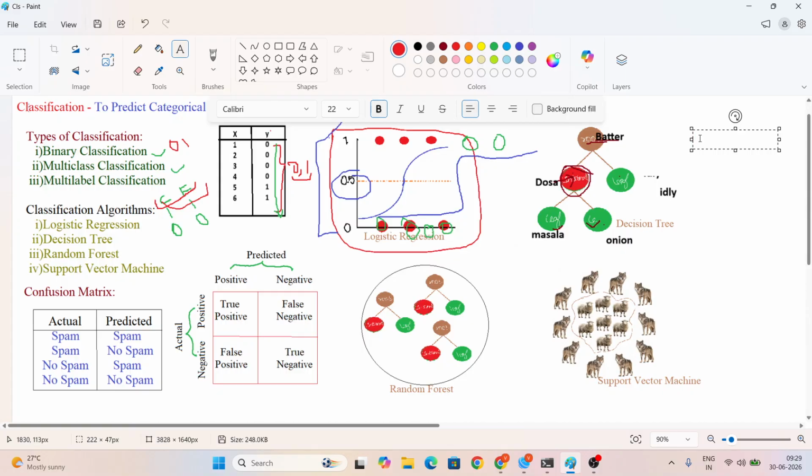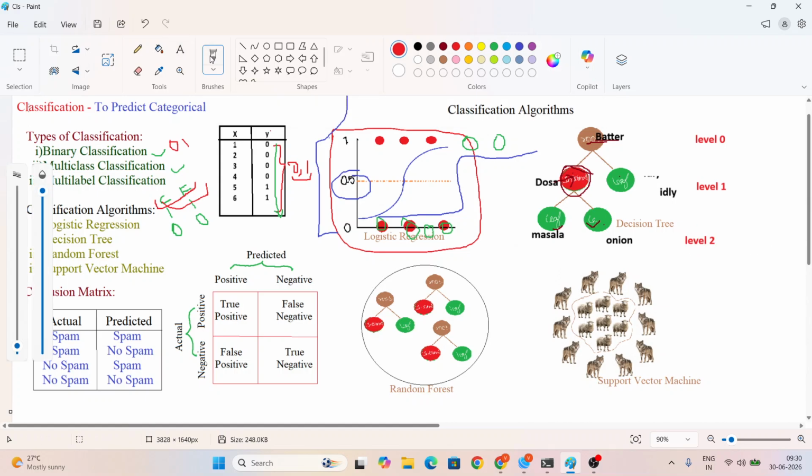Okay, so this is level 0, this is called level 1, and this is called level 2. If the maximum depth is level 0, there is only batter.